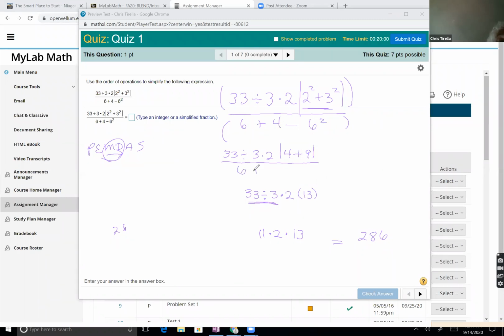So that becomes 6 plus 4 minus 36. And addition and subtraction as they come from left to right. So that becomes 10 minus 36, which becomes a negative 26. And so over here, when I divide by that negative, I should get a negative number, and it should turn out to be negative 11.